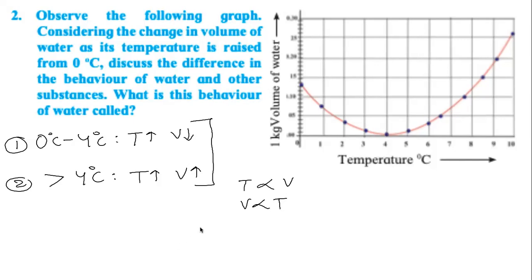But in case of water, between 0 and 4 degrees Celsius, volume decreases with increase of temperature. Beyond 4 degrees Celsius, volume increases with increase of temperature. Structure your answer in these 2 points.